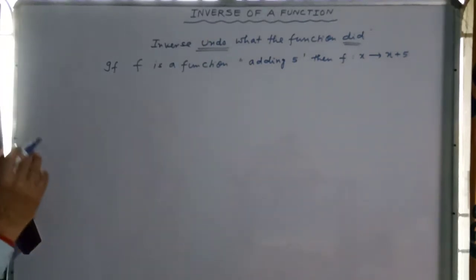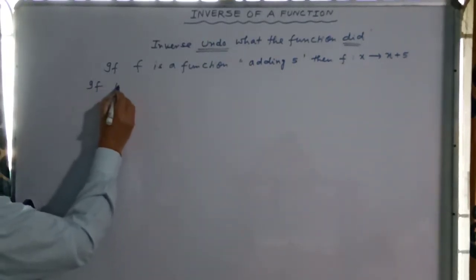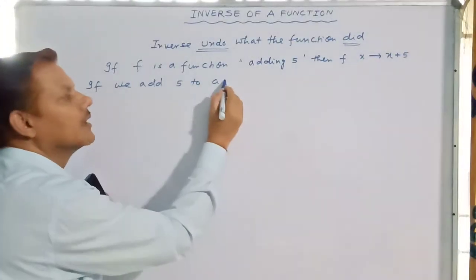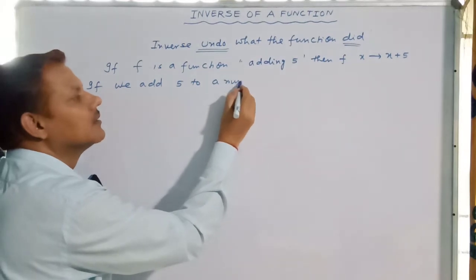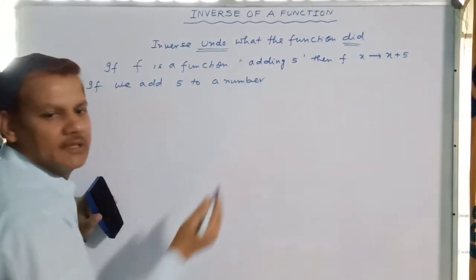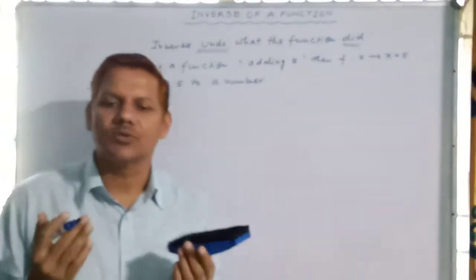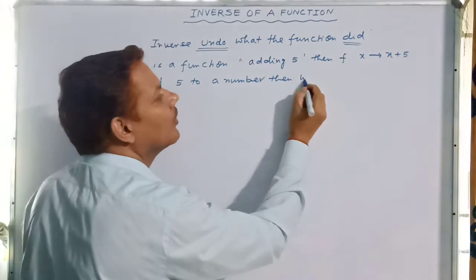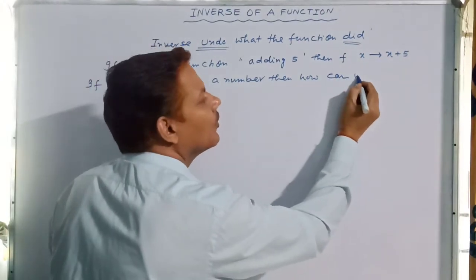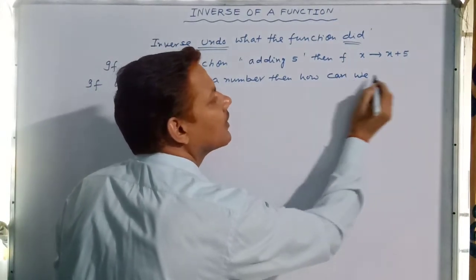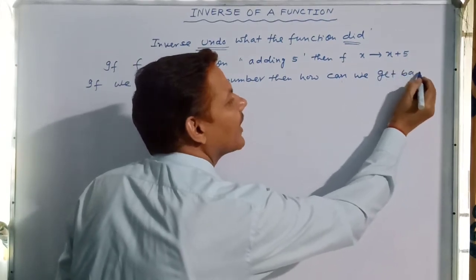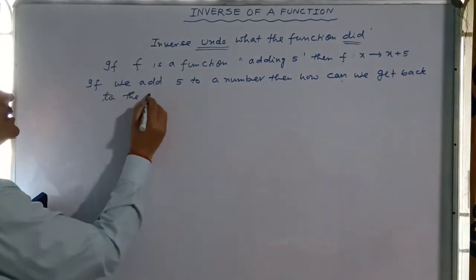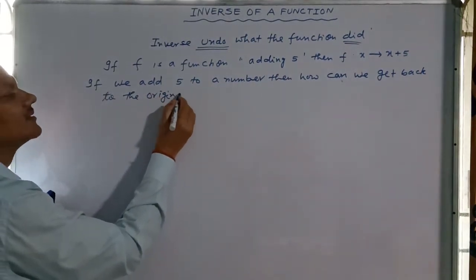So if we add 5 to a number, any number from that set, then how can we get back to the original number?